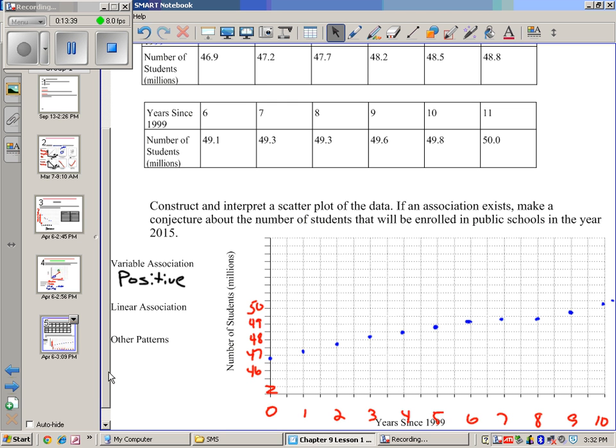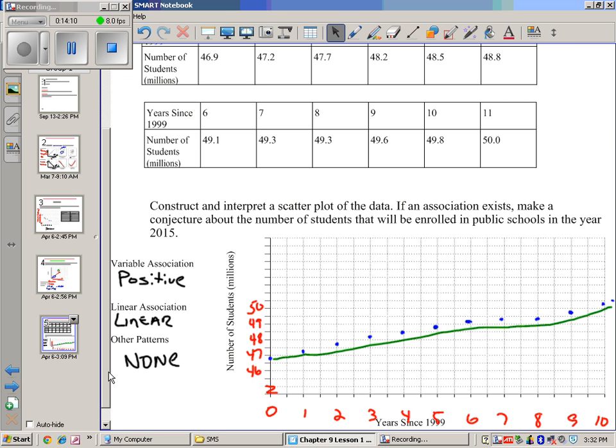And I would say that pretty much would probably be pretty close to a straight line there. Just a slight increase, but that would be more of a line. The information's more linear. So that'd be a linear association. And other patterns, do we have any clustering or outliers? Don't really have any clustering, and we don't really have any outliers there, so we just put none.